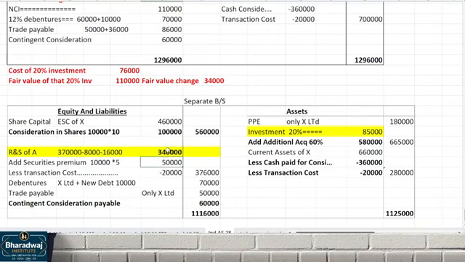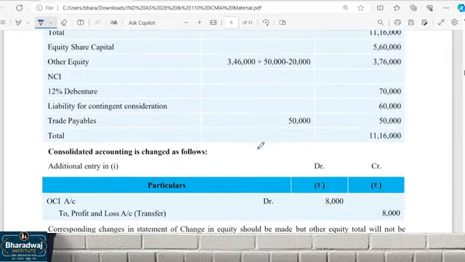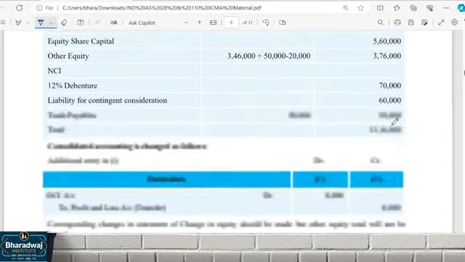Already worked out, 3,46,000. On the asset side, the 20% investment we purchased for how much? 76,000. And the difference comes out. That's it. The answer is the same. 11,16,000. Check the answer. 11,16,000 will be the answer.